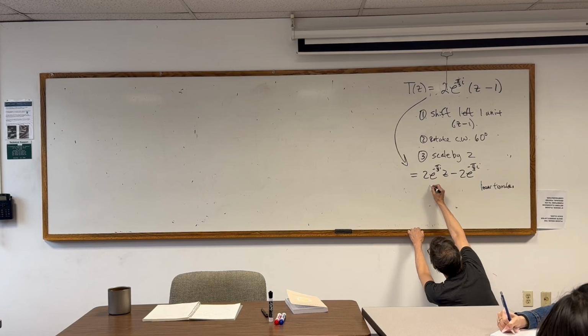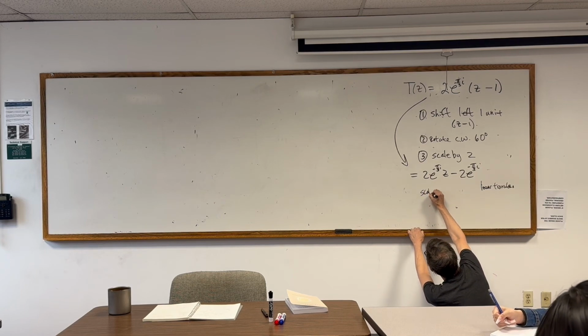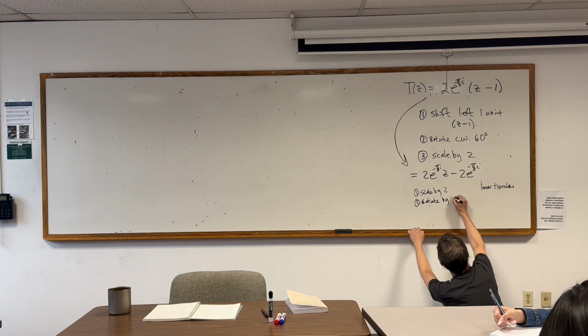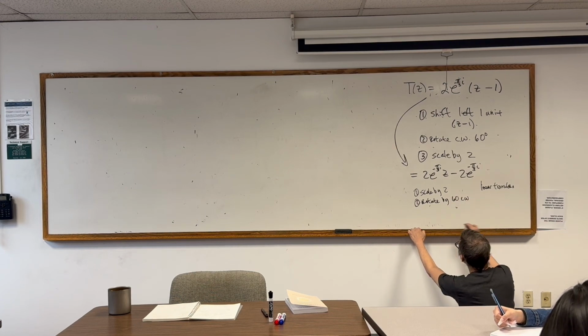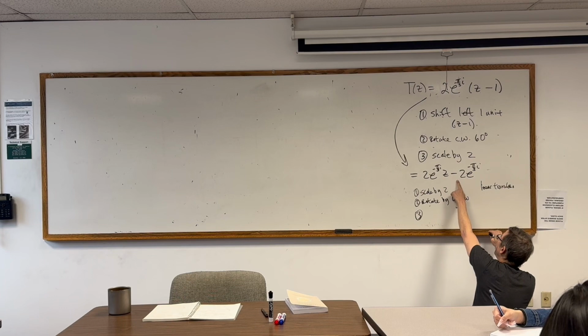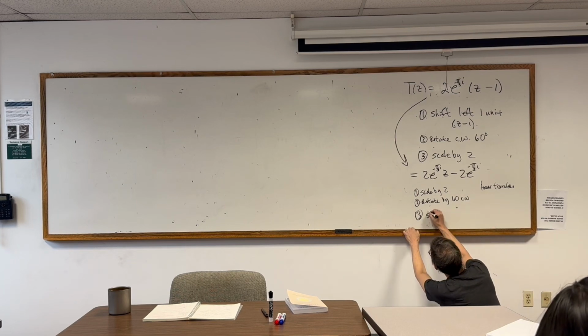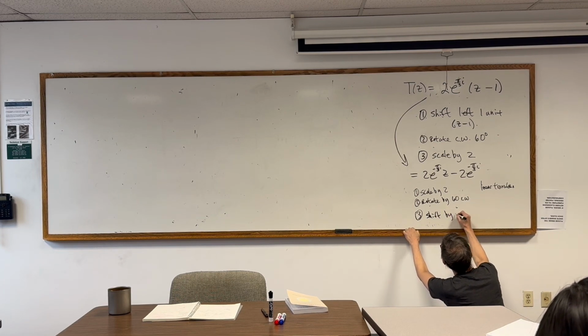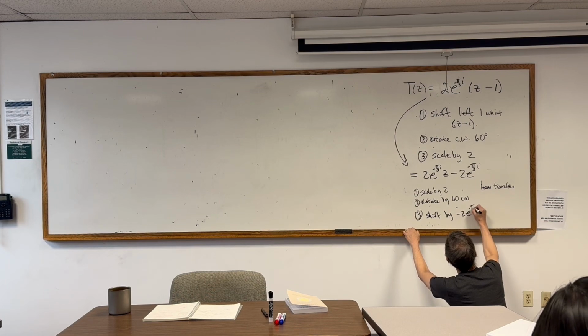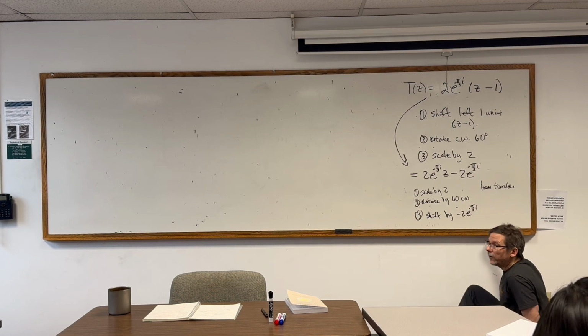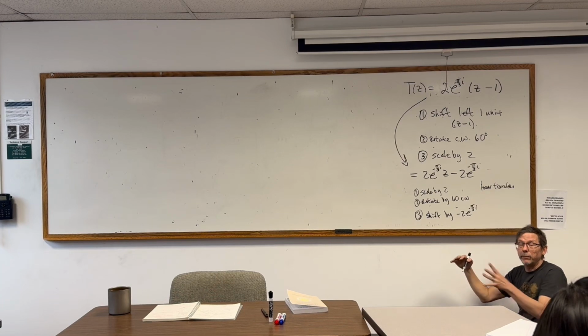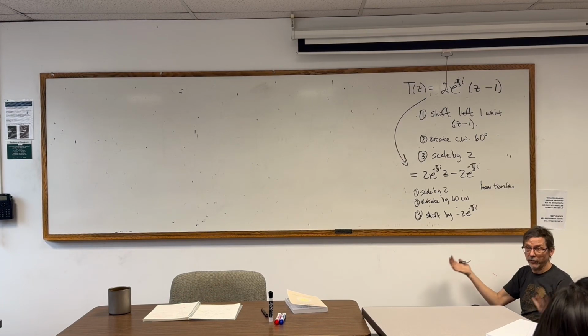So this could be: 1, scale by 2; 2, rotate, and these two are interchangeable, by 60 degrees clockwise; and 3, just shift by whatever this point is. I'm not going to claim what that is because it has positive and negative parts, but just shift by -2e^(-πi/3). So same thing, this will get you to the same place, but it looks really different and also sounds different.